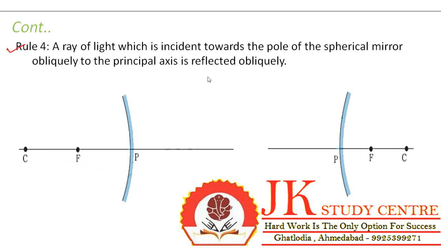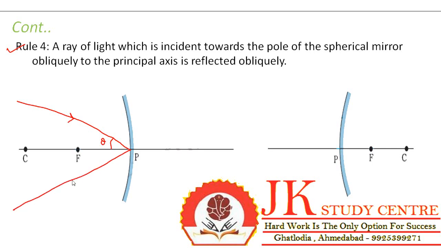The last rule, rule number 4: a ray of light which is incident towards the pole of the spherical mirror obliquely to the principal axis is reflected obliquely. What is obliquely? Obliquely means making some acute angle. Suppose you have an incident ray which falls towards the pole of the mirror obliquely to the principal axis, that means making some angle theta to the principal axis, then it gets reflected obliquely.